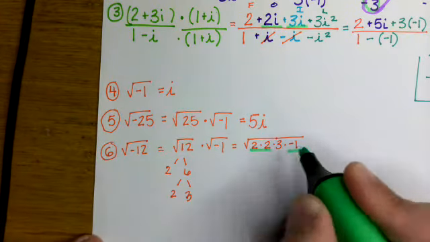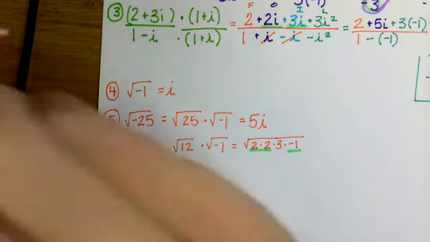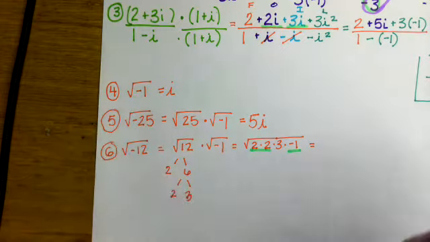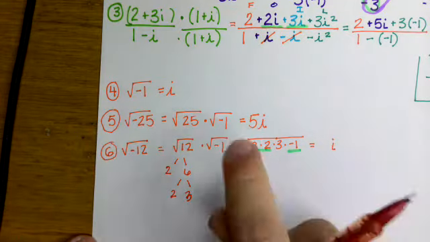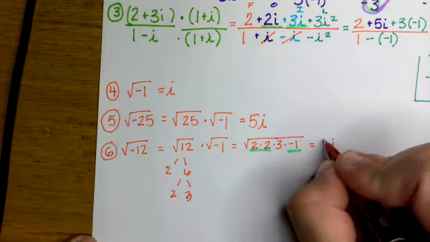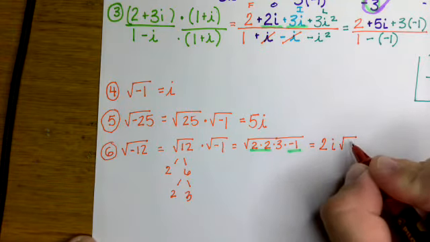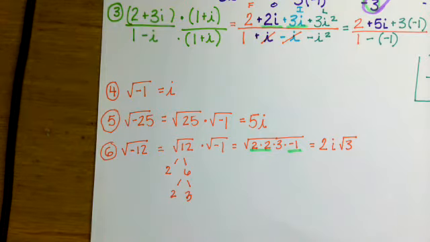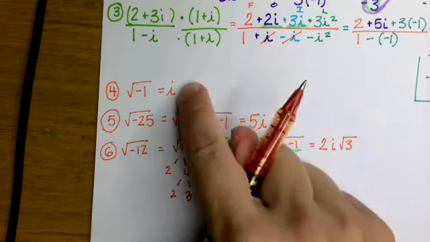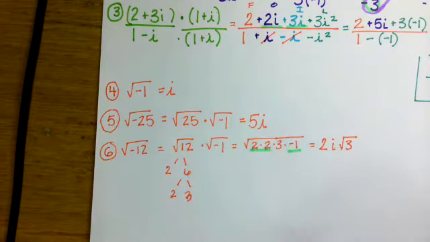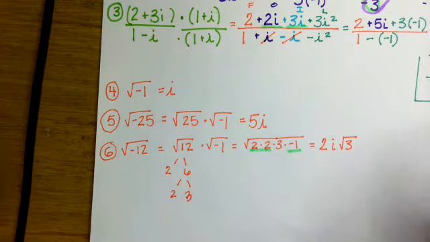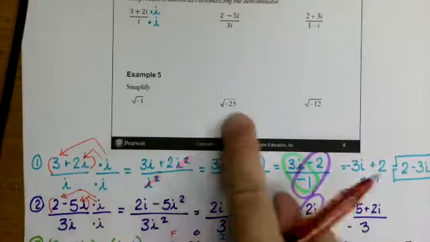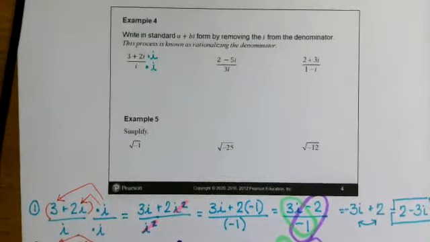These can come out and this can come out. Just like up here, the square root of negative 1 is I. The square root of 2 times 2 is 2, right? The 3 stays there. So we have 2i square root of 3. That is how we can use it for simplifying a negative under the square root.